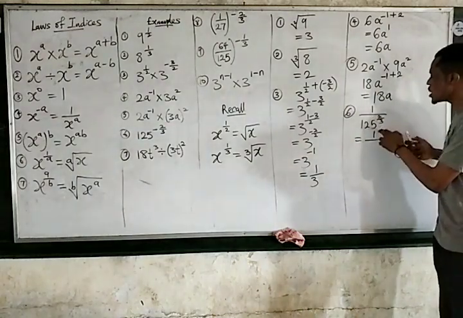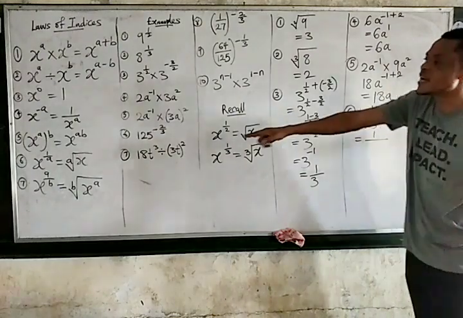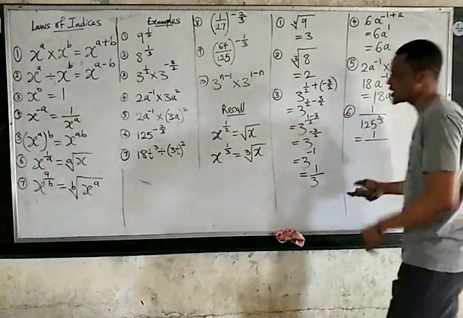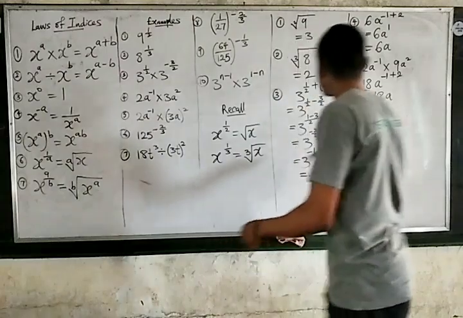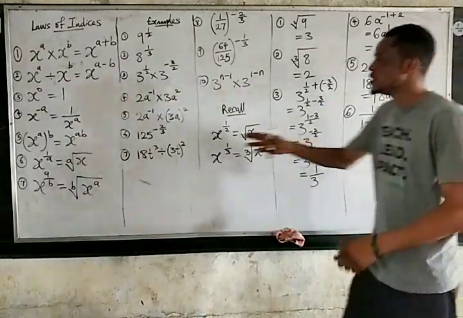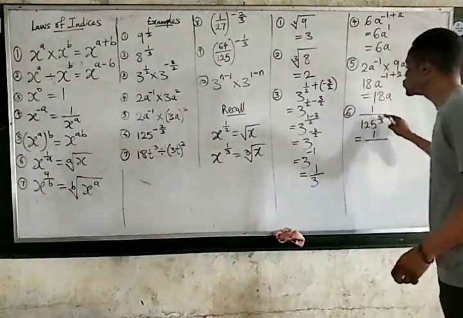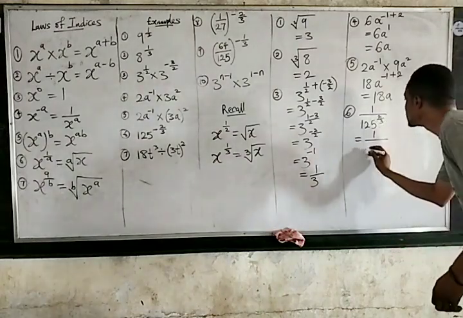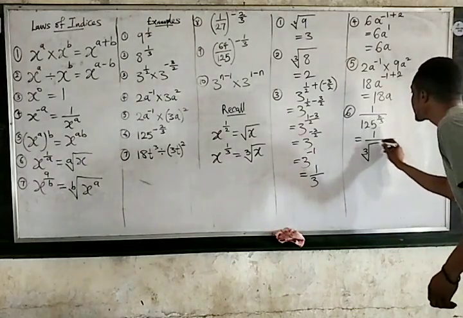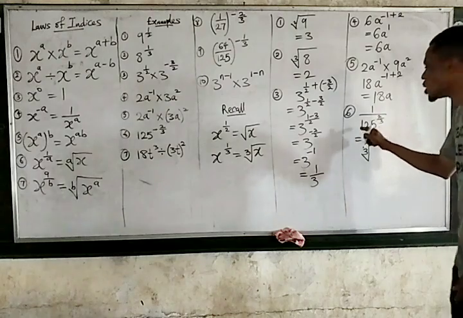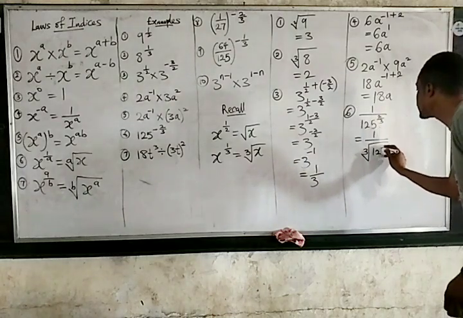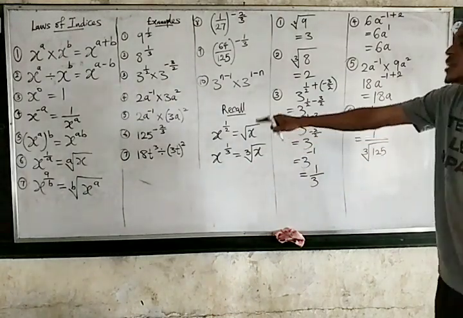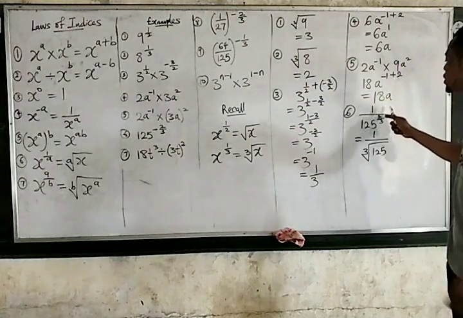The denominator is indicating the 7th law of indices. As you can see, the x is serving as 125, the a is our 2, while the b is our 3. So we are now going to have the third root, which we can equally call the cube root, of our 125 serving as the x, raised to the power of the numerator.